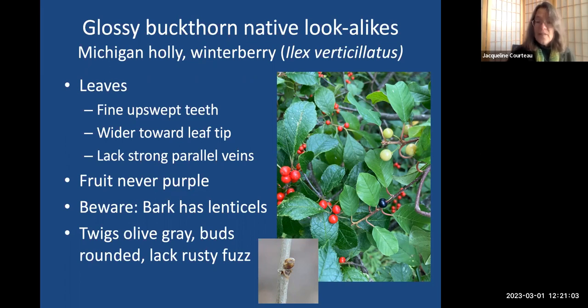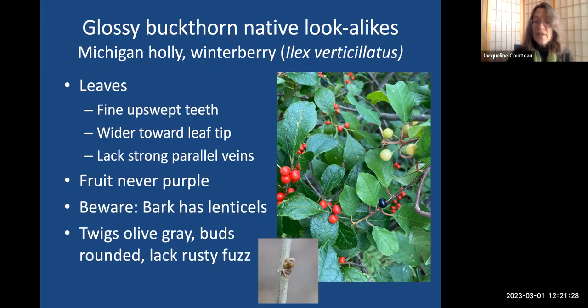Now, it is important to note that this does have lenticels, very similar in appearance to glossy buckthorn. So always look closely. The branching structure is a little bit different, and as you start to look at growth form, you'll notice some form differences. But maybe an easier way to get a hold of this is to really look closely at those twigs and buds.